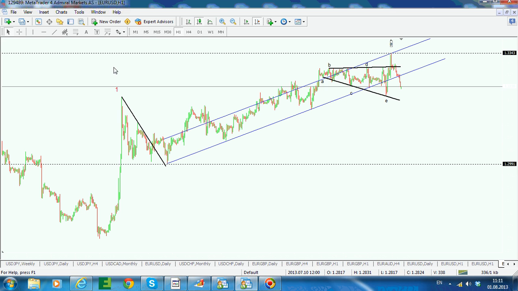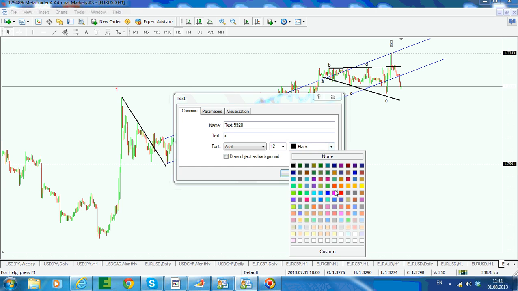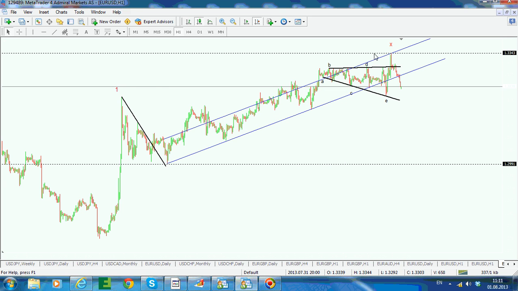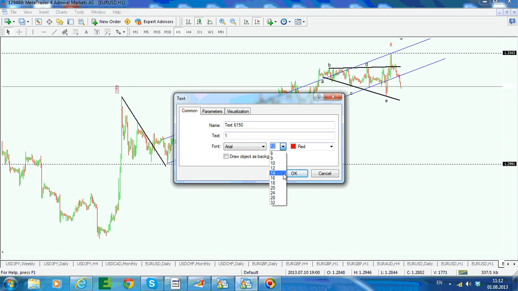So 1, then the first correction, then a next wave, let's say 12, of this degree, in red, and that would be the first one of this degree.